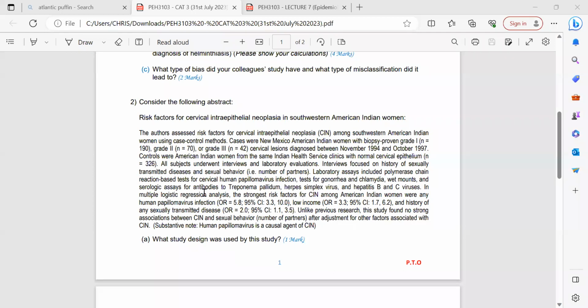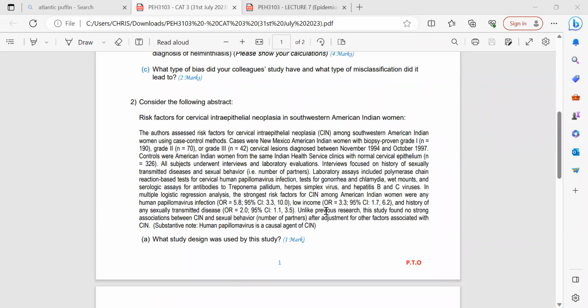In multiple logistic regression analysis, the strongest risk factors for CIN among American Indian women were any human papilloma virus infection, odds ratio of 5.8 with 95% confidence interval. Low income was also included, with an odds ratio of 3.3 with 95% confidence interval, and history of any sexually transmitted disease.